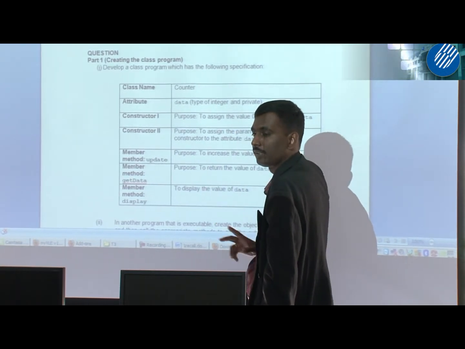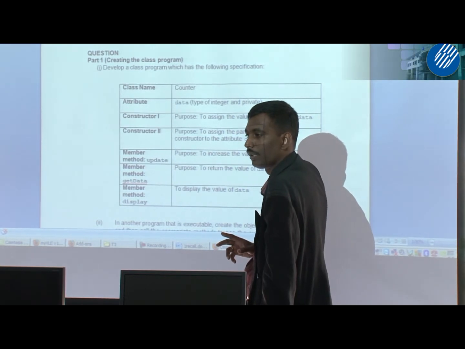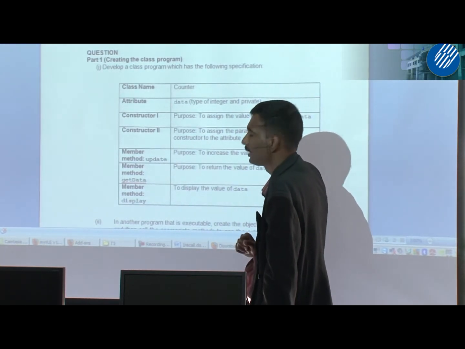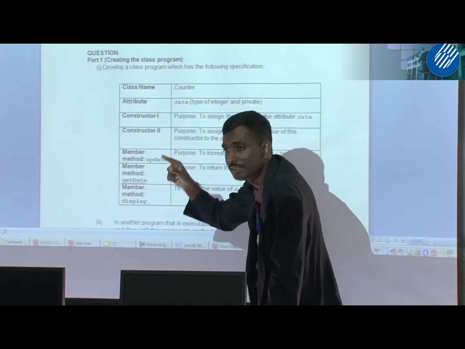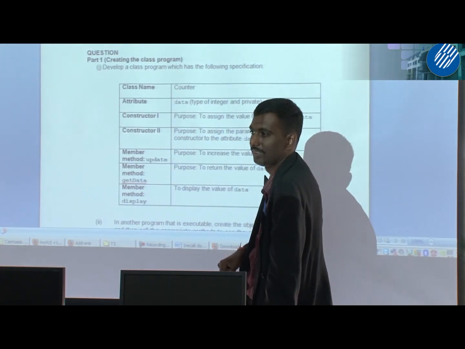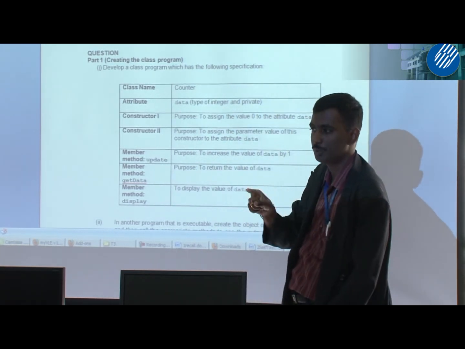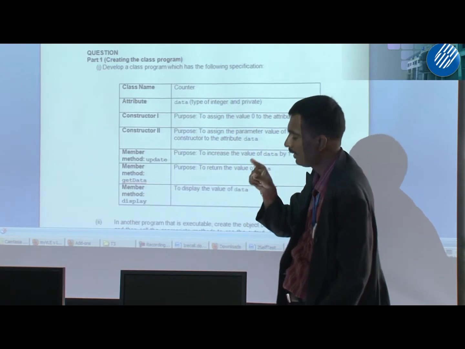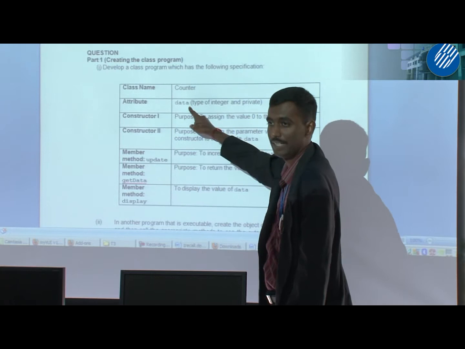Another one, protected. Protected means it is recognized in its class and also in the subclasses. For example, this is counter. Let's say you have counter 2 and counter 2 inherits counter, so counter 2 can call data.